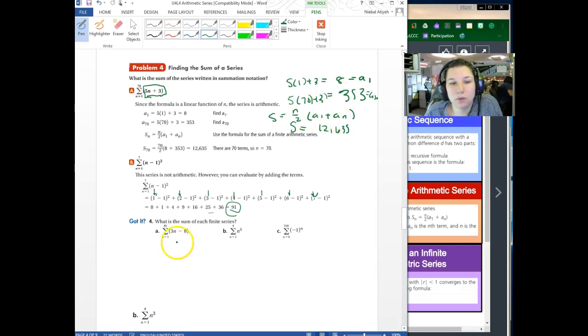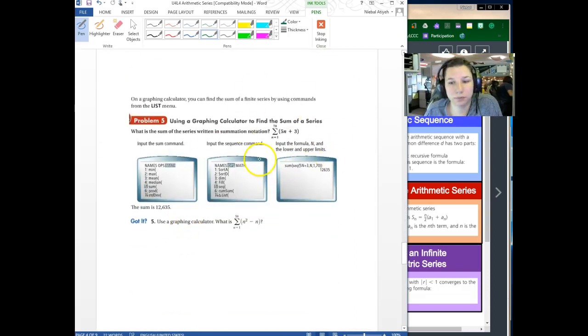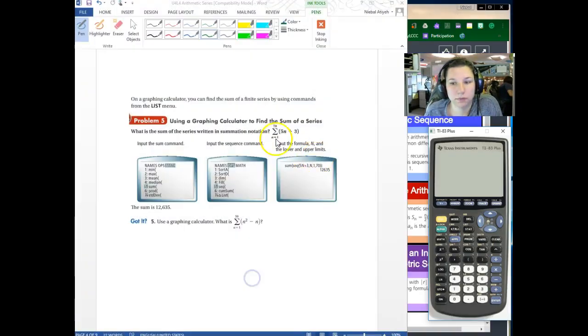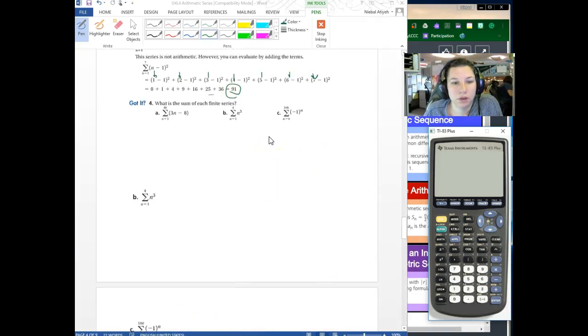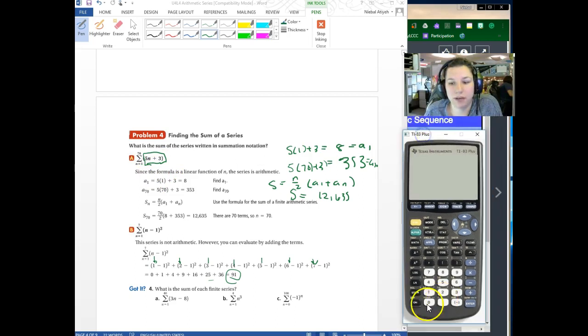Okay. You also can use your calculator to calculate sequences and series for you. So let's use this one. So if I wanted to find a sequence, you press the yellow button and then stat, and then go to ops, and number 5 is sequence.